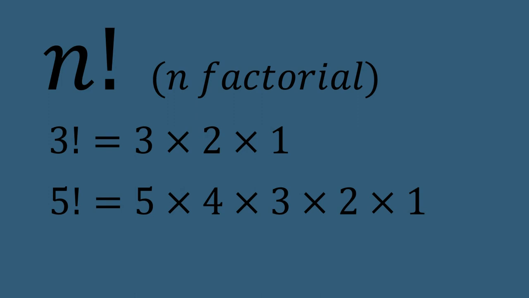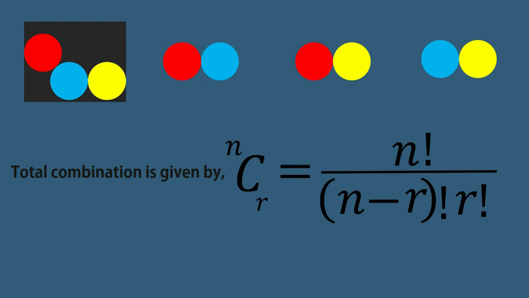Factorial is basically the multiplication of numbers, each 1 less than the one before, ending at 1. You may be clearer with one more example. 7 factorial is equal to 7 times 6 times 5 times 4 times 3 times 2 times 1.